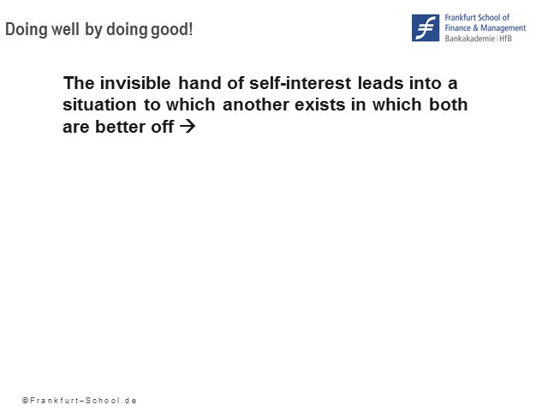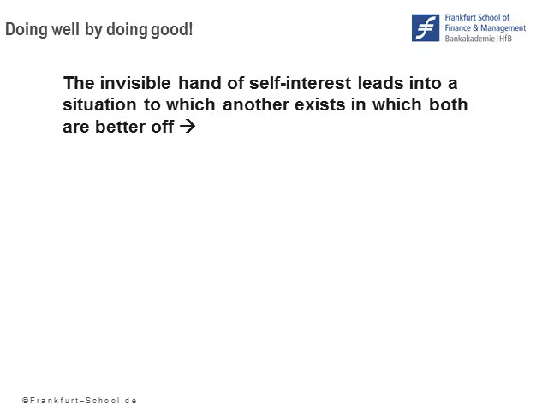If both, for instance, would have internalized a moral motivation structure, then they both might cooperate and in the end would succeed in trading. The invisible hand of self-interests leads into a situation to which another exists in which both are better off.